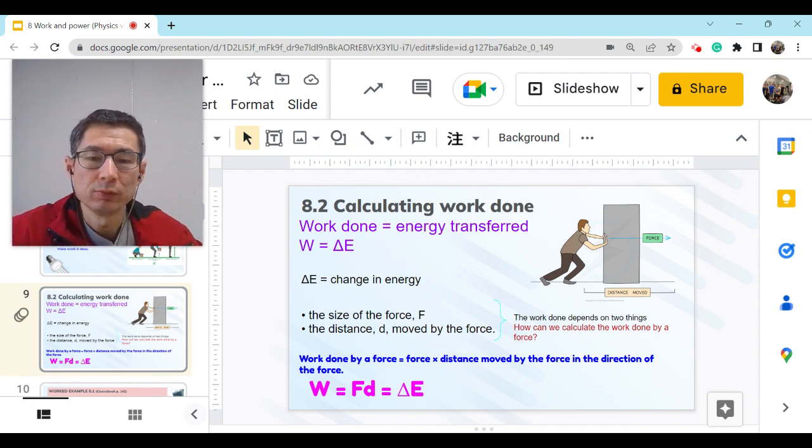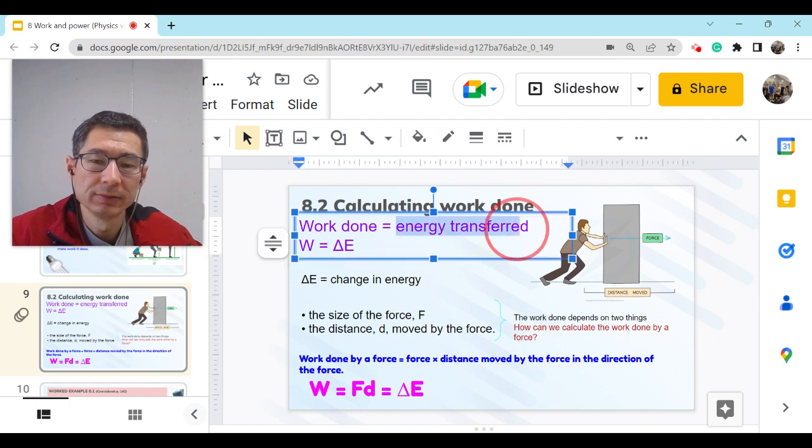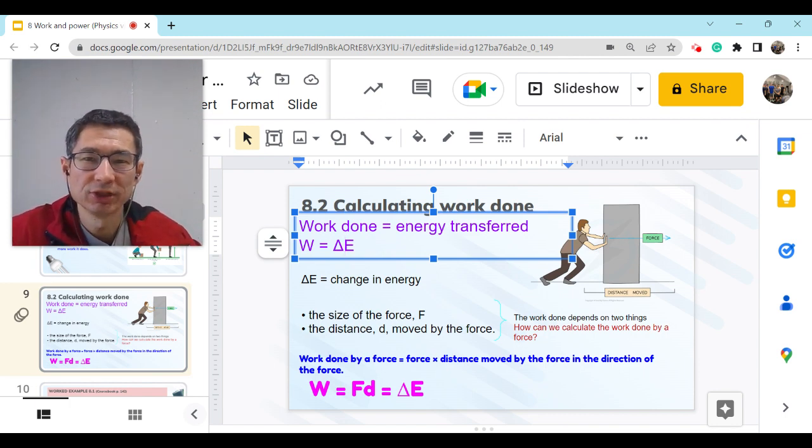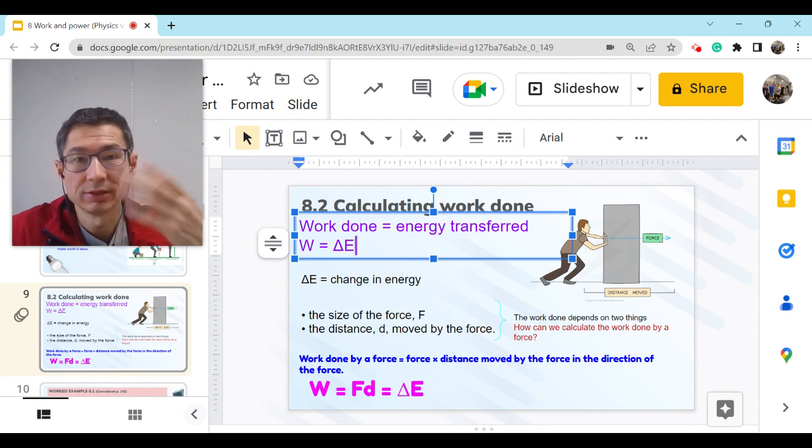Let's define it. Work done equals energy transfer, and in this case, energy transfer or change of energy mean the same. Change of energy: delta, a Greek letter. This triangle is delta, and it means change in something. Here it means change in energy, an increase or decrease in energy, which equals the work done.